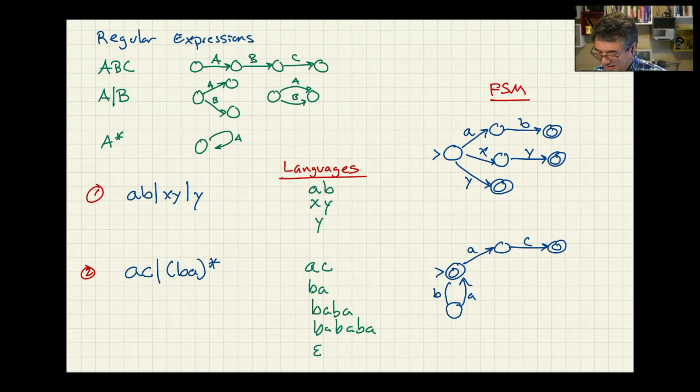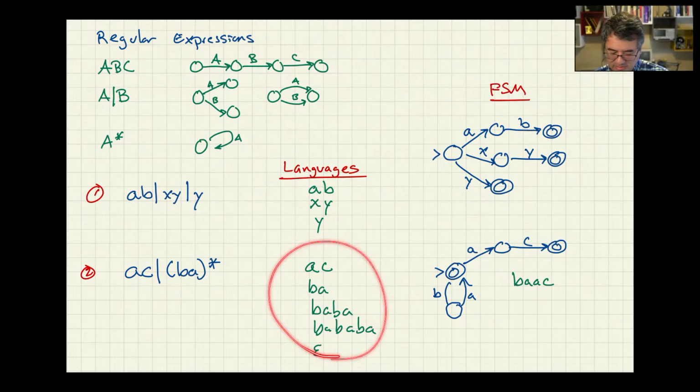Okay. Now, this finite state machine, though, has a problem. It does not accept the same strings as the regular expression. This one accepts a string like BAAC, which is not one of the strings accepted by the regular expression.